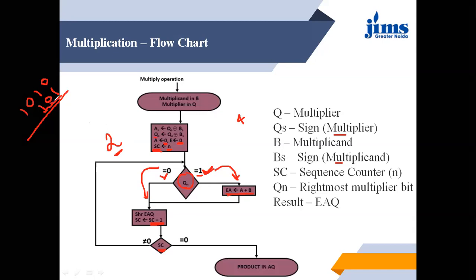When it is multiplied with 0, it is 2 minus 1, so we have to multiply only once more, and when it is multiplied with 1, then 1 minus 1 is 0, meaning there is no other bit left to multiply, and we get the final product, the result of the multiplication, in EAQ.